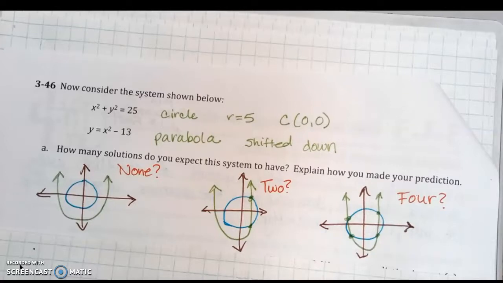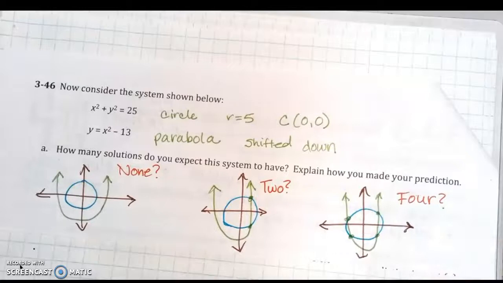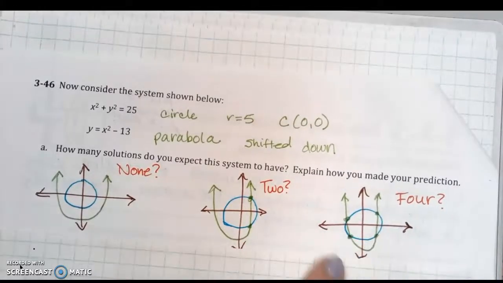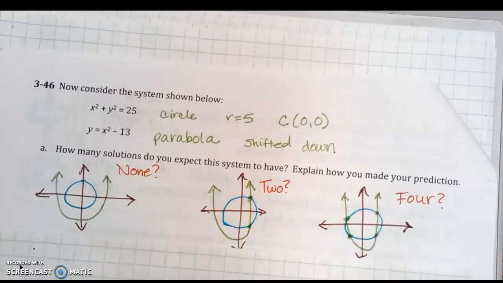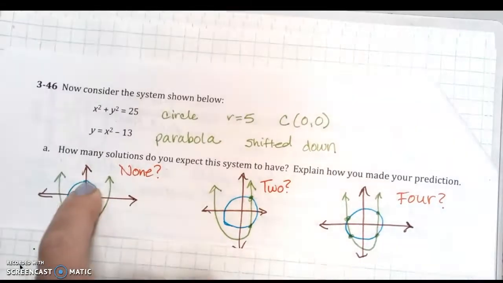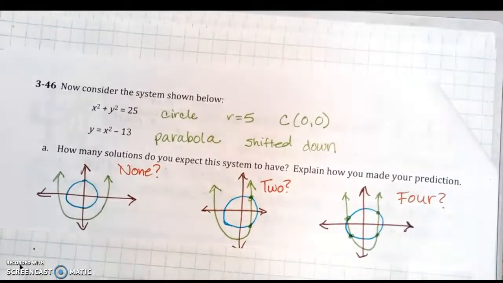Okay? Could it have 4 intersections? Got your circle. The parabola is seated just right so that it crosses it 2 and 4 times. Could it even just touch the circle at one spot? What if just the vertex was right at the tip top of the circle? It could have just 1 point of intersection.